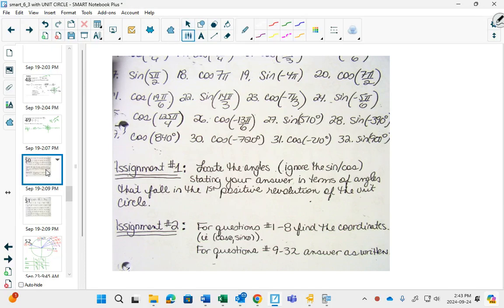This basically means find the first positive coterminal angle. Then assignment 2, once you know that positive coterminal angle, for questions 1 to 8, can you write the coordinates? And 9 to 32 actually solve what they're saying.